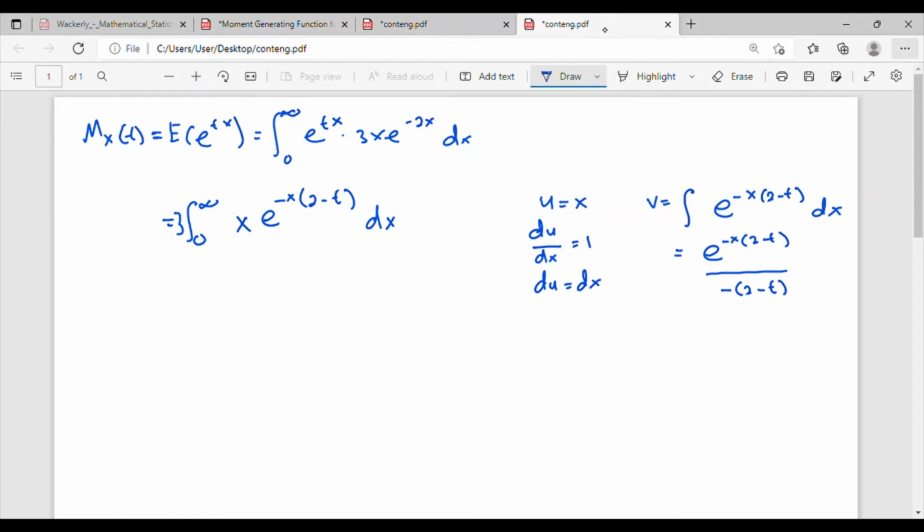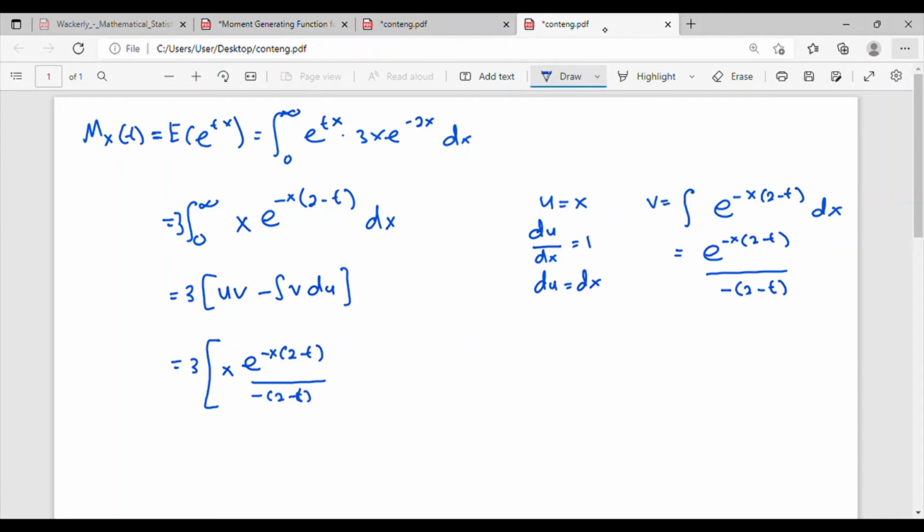So what we do here is 3 times uv minus the integration of v du. With u as x, v is e power of negative x times 2 minus t divided by negative 2 minus t.